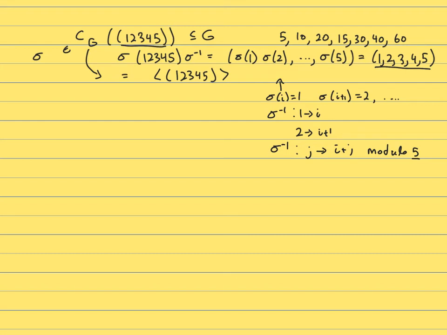I'm identifying 0 with 5. So then that tells you right there that this permutation, well, what's the only permutation that involves this kind of shift? It's a cyclic permutation, a cyclic shift, and so it's one of these 5 cycles. So congratulations, it's a subgroup of size 5.